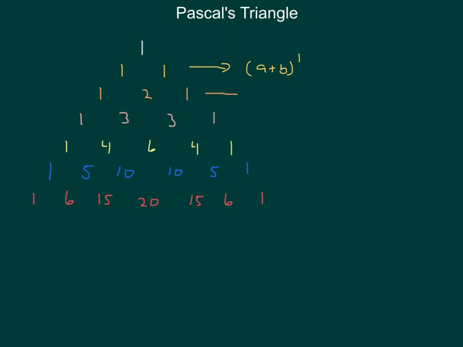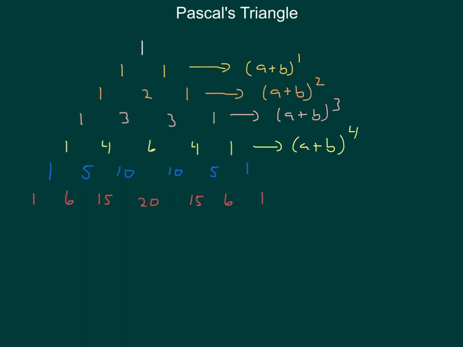This row here corresponds to a plus b to the 2nd power. This row is a plus b to the 3rd power. This row is a plus b to the 4th power. Remember, these are the coefficients.